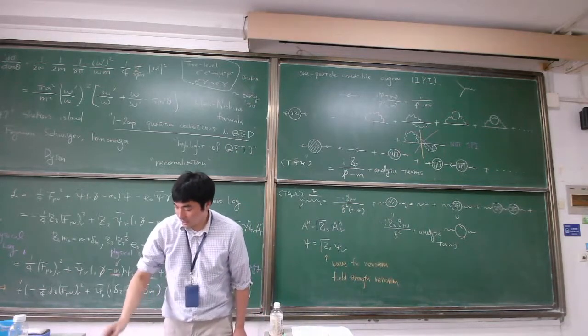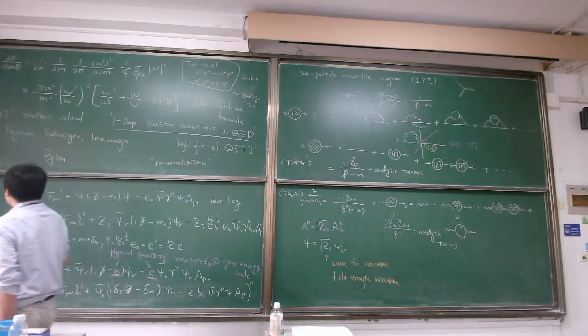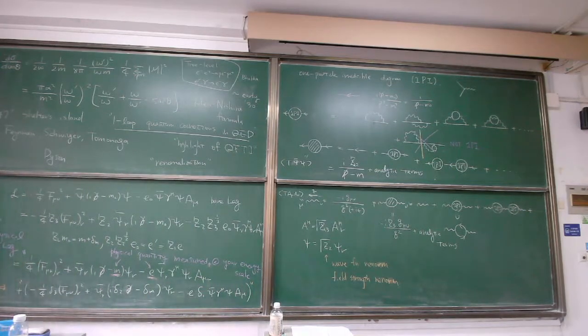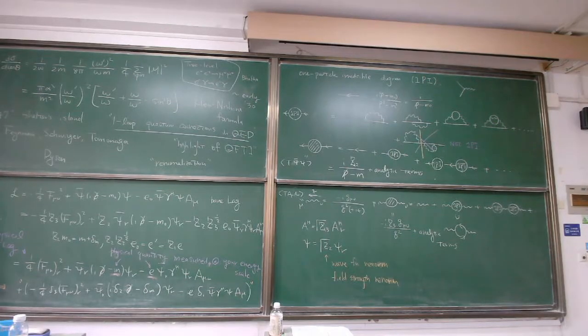Delta I are called counter terms. I runs for 1, 2, 3, and also delta M, called counter term.